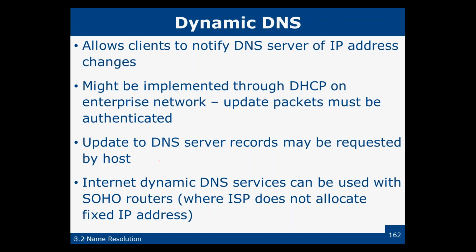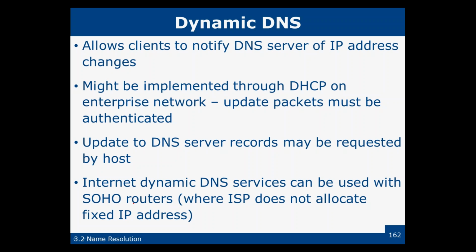But if they change, you can subscribe to a dynamic DNS service, and it will automatically update the records in DNS on the internet so that you can get to your machine using a name instead of an IP address.